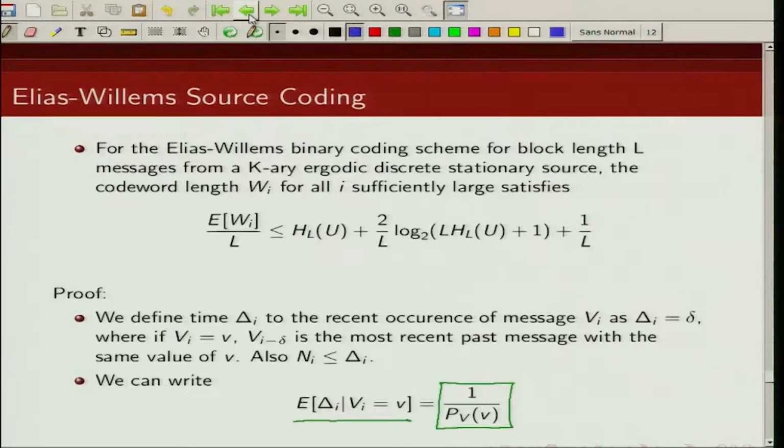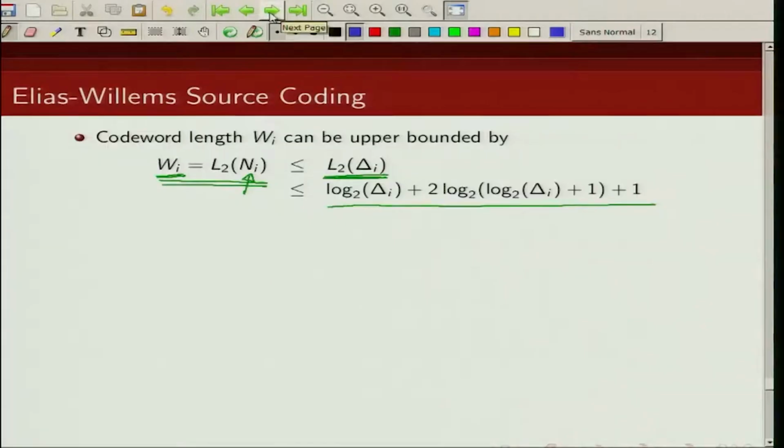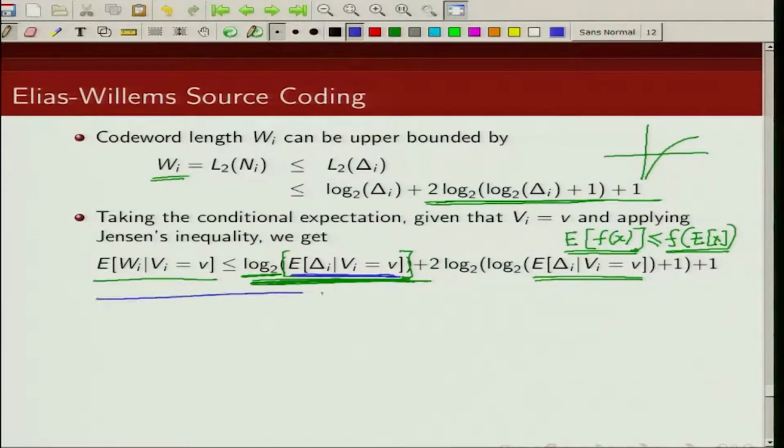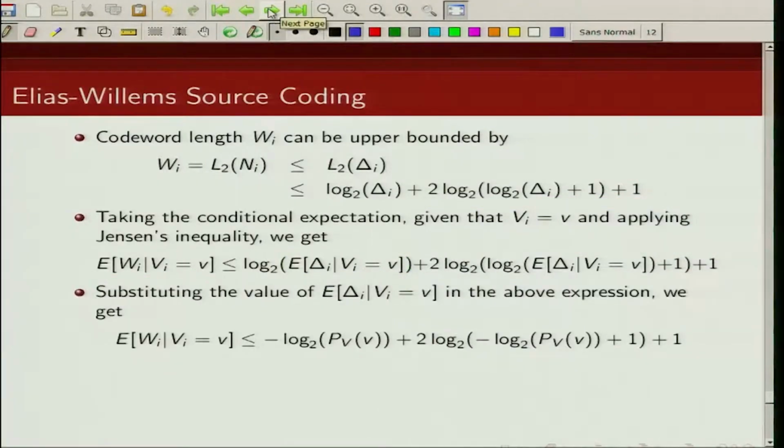From the ergodic property, we said that this is given by this. So we plug in the expected value of delta I given Vi is V into this expression. If we do that, we'll get this.